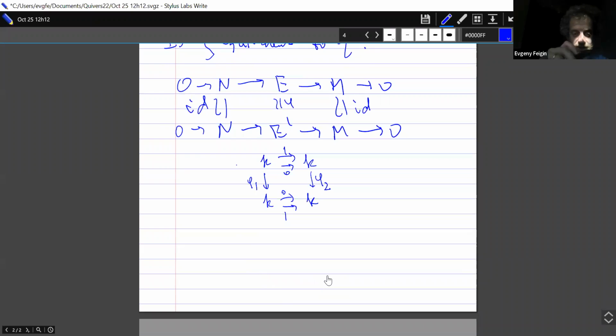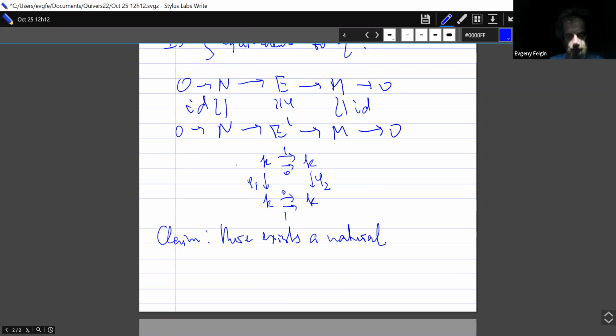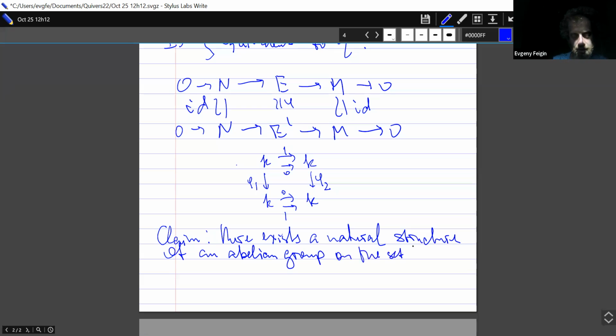So far, this is just a set, and the claim is that there exists a natural structure of an Abelian group on the set E of Mn.